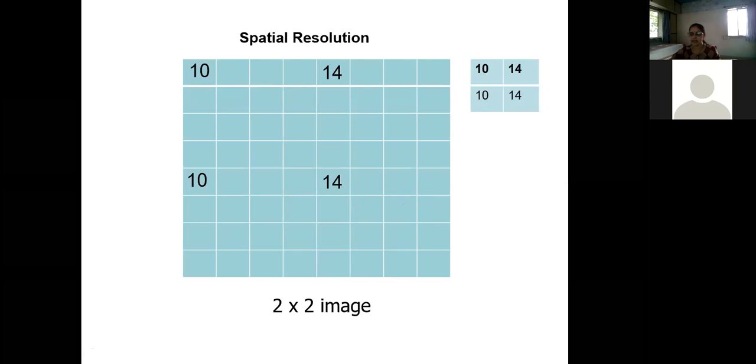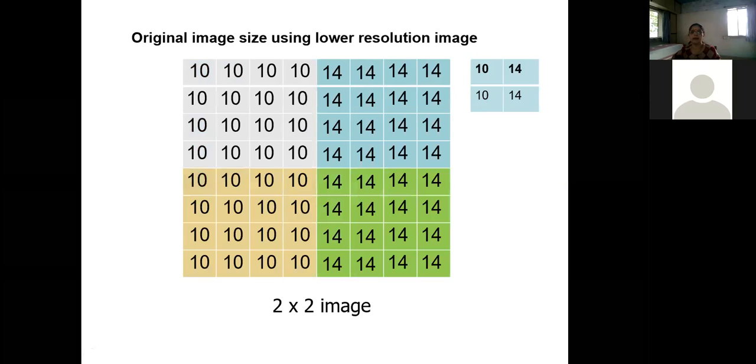I can represent the original image by upsampling as shown here. We have replicated the same sample 16 times over this square. 14 is replicated here, 10 is replicated here, and 14 is replicated here.